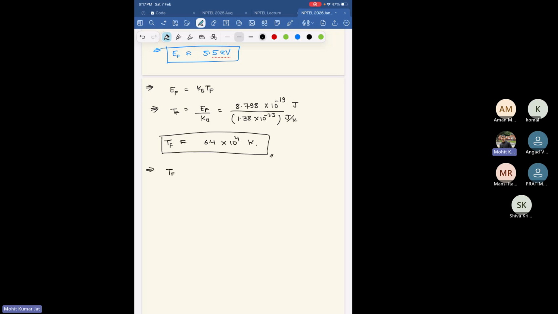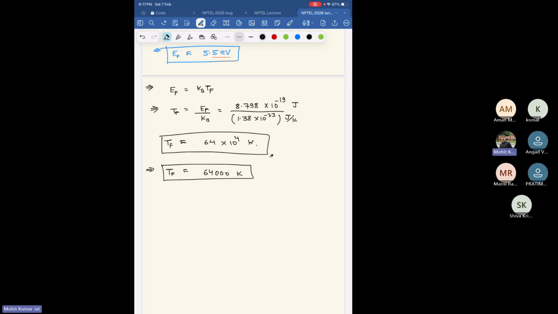So your TF is roughly 64,000 Kelvin, which is huge, right?